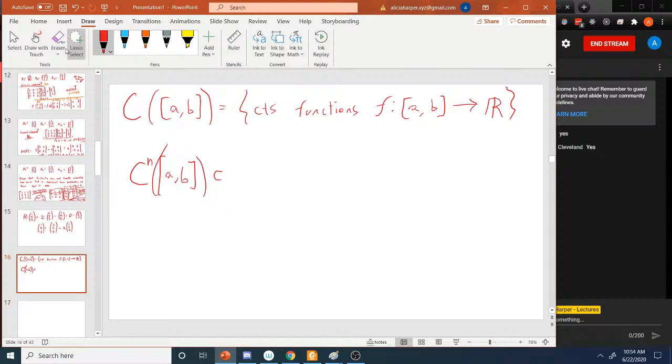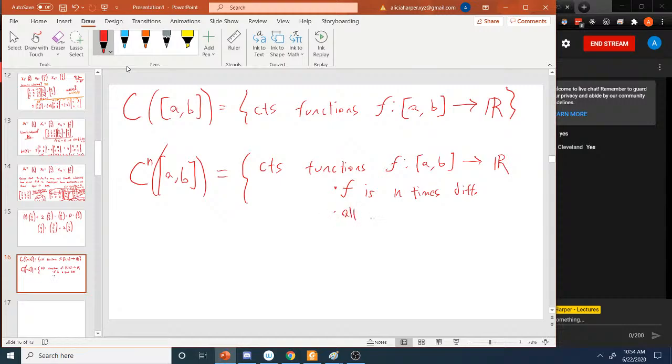At first, it's the subset of continuous functions f from the interval AB to the real numbers, satisfying the following extra properties. f is n times differentiable, so I can differentiate the function n times, and all n derivatives are continuous.